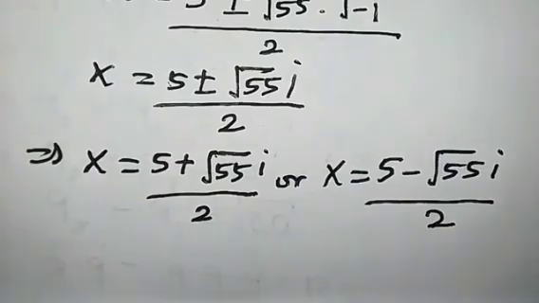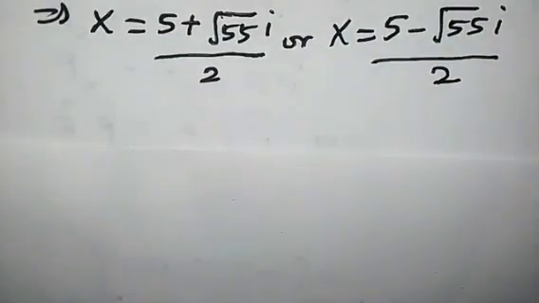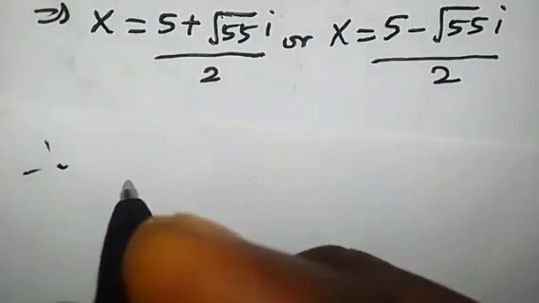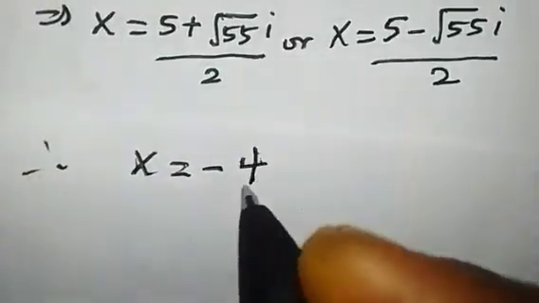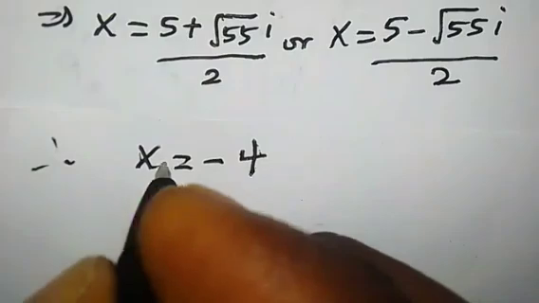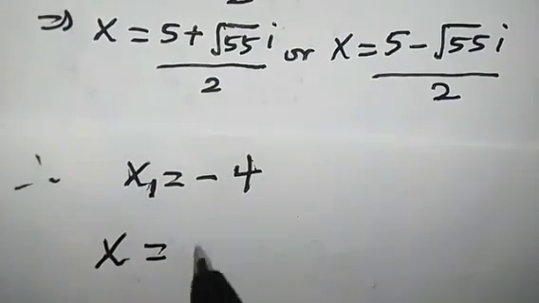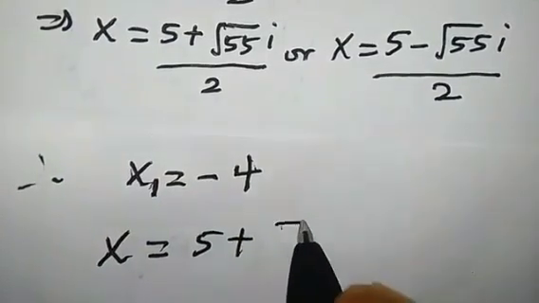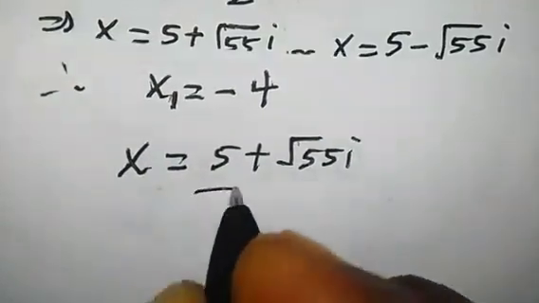So that means all the solutions that we have for this math Olympiad question are, therefore, the first solution is x equals minus 4. That's the first solution we obtained. Let's call it x1. The second solution is x equals this guy, 5 plus square root of 55 i, all divided by 2.